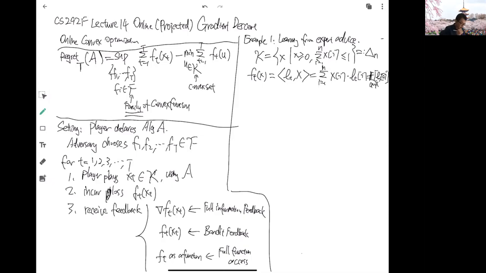Okay. So what is the kind of feedback that we get in this model? Suppose it is a full information feedback, then what we end up getting is a gradient of this function f_t(x) at every iteration. So this makes sense in the stock market when you are a relatively small player and your actions are not really changing the market.